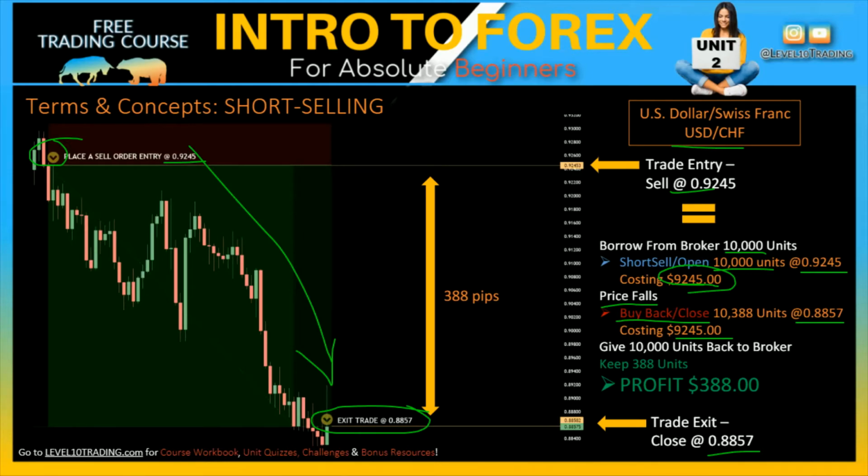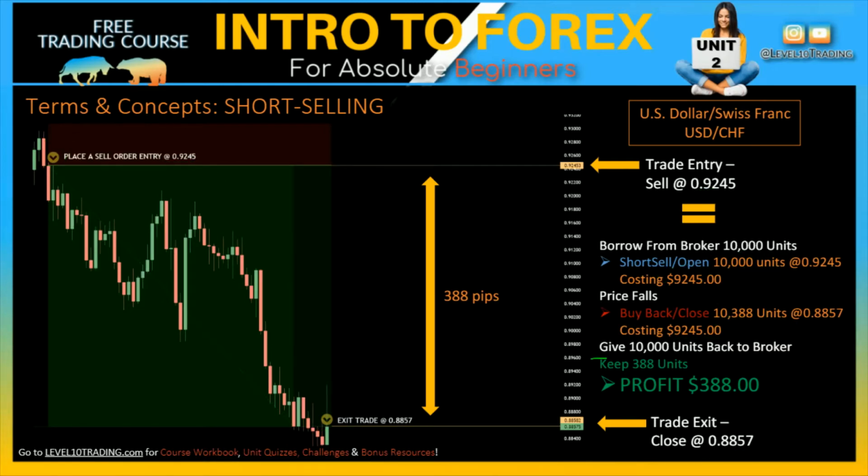And in this example, we're getting back 10,388 units at the lower price than our original 10,000 units. So you now give 10,000 units back to your broker and you get to keep this additional 388 units that's to be converted back into your bank account currency.